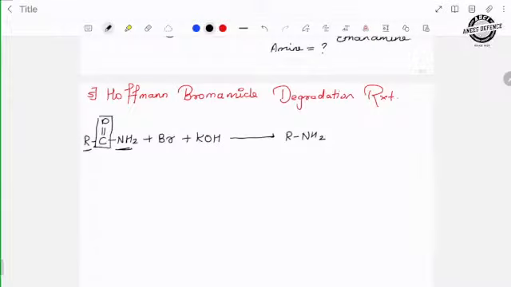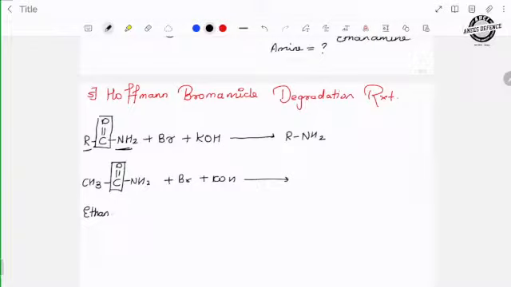You have to remove this CO. For example, if you take CH3 C double bond O NH2 plus Br2 plus KOH, the resultant product will have one carbon less. That is, this carbon will get removed. This is ethanamide.